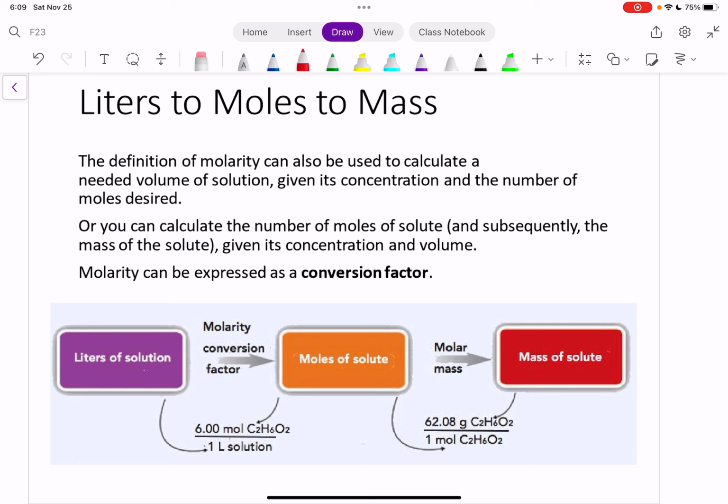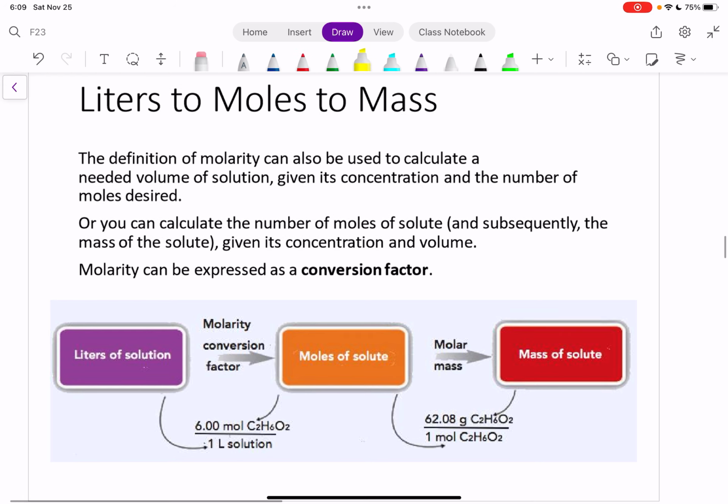All right, now molarity can actually be expressed as a conversion factor, right? If molarity equals moles per liter, we can use the right side of the equation as a conversion factor, where we have moles of some solute over liters of our solution, or we can flip it, right?